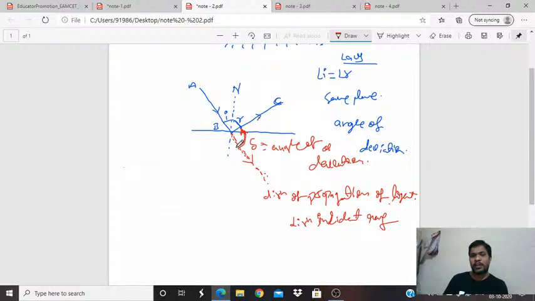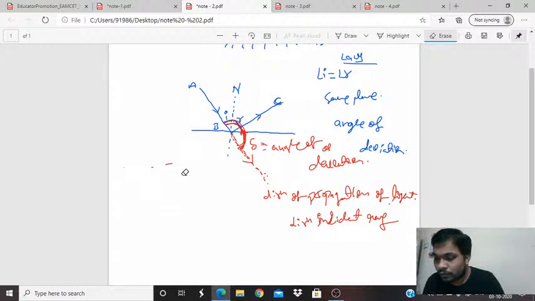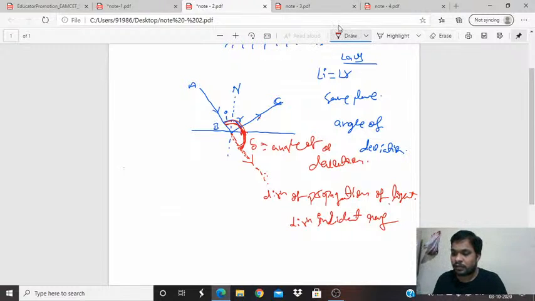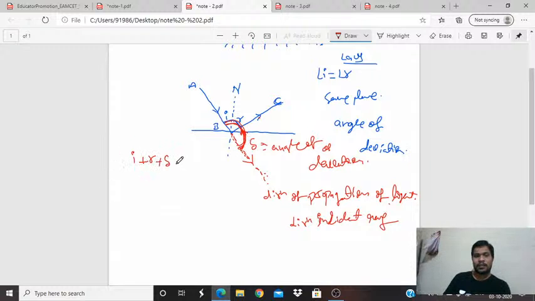Now, how can we find this delta, the deviation value? This is a straight line, right? In this straight line, the total angle is 180 degrees, that is pi. So i plus r plus delta equals pi.